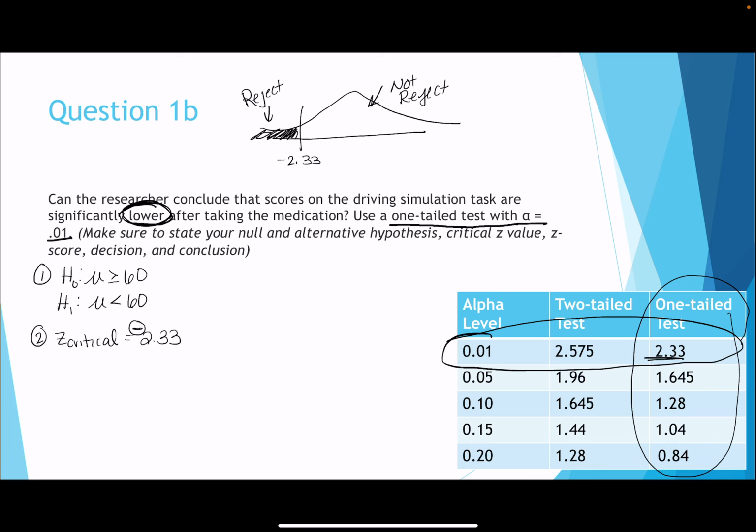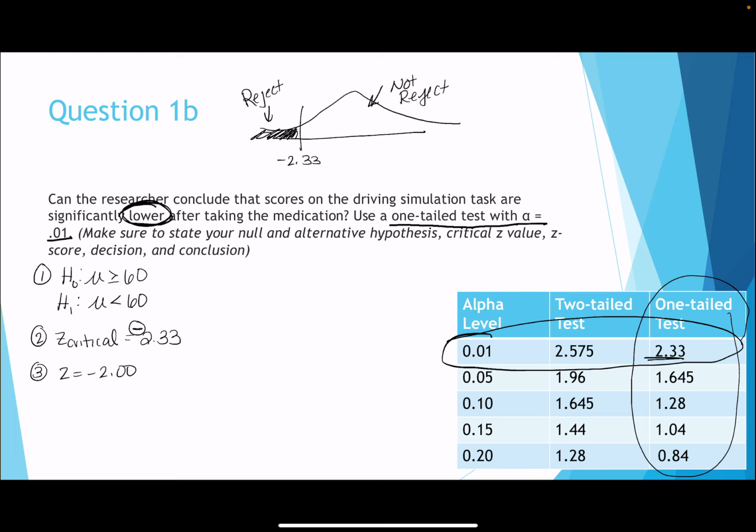Okay, so let's find our Z-score. Actually, we don't really even need to find our Z-score. It's going to be the exact same Z-score as we had for our previous step for 1A. Our Z is still going to be negative 2.0. The reason it doesn't change is because I haven't changed any of my values. My sample size is still 16, my mean is still 60, my standard deviation is still 8, and the mean of my sample is still 56.